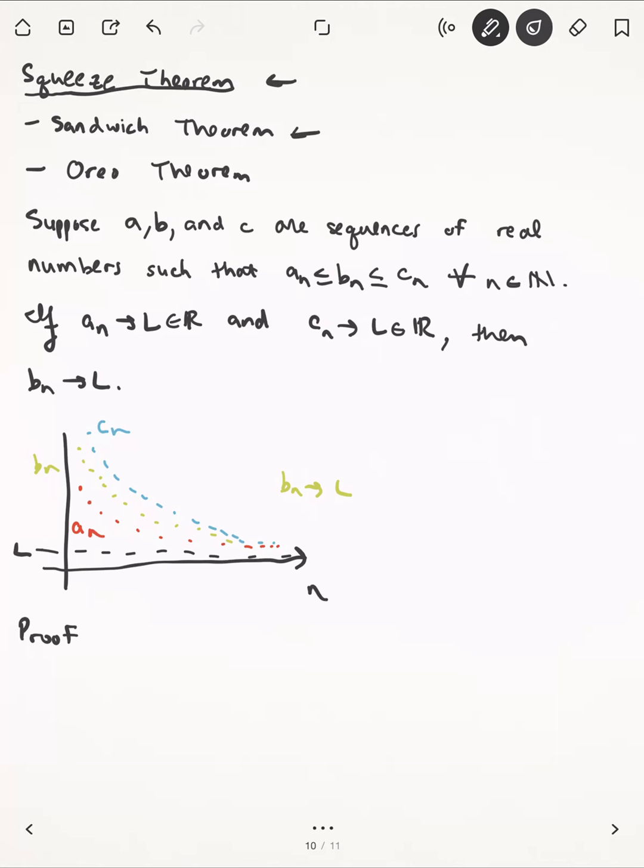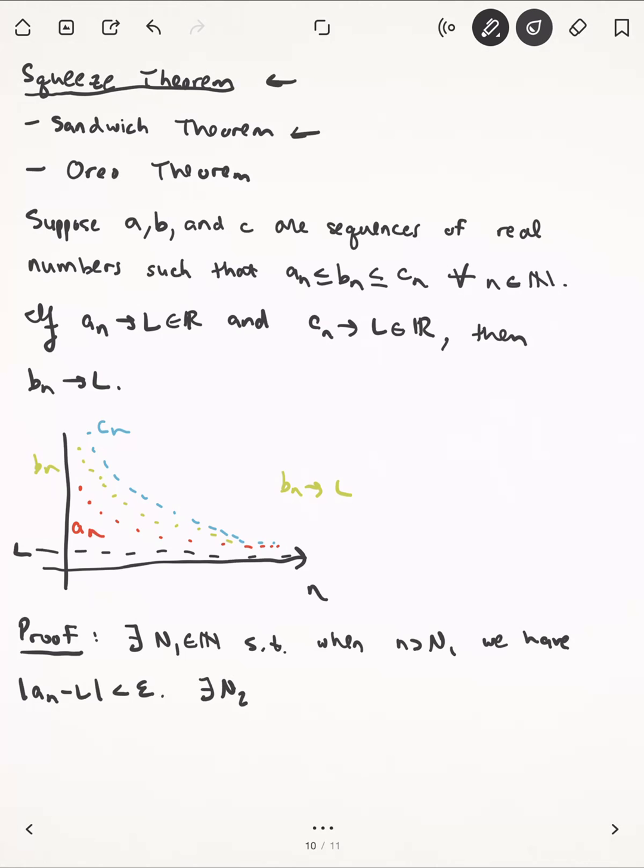So proof. There exists an N1 in the natural numbers such that when little n is bigger than capital N sub 1, we have absolute value of a_n minus L is less than epsilon.